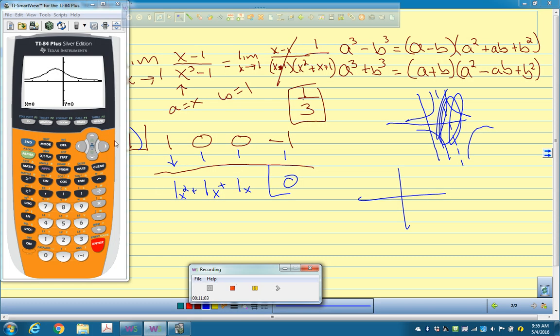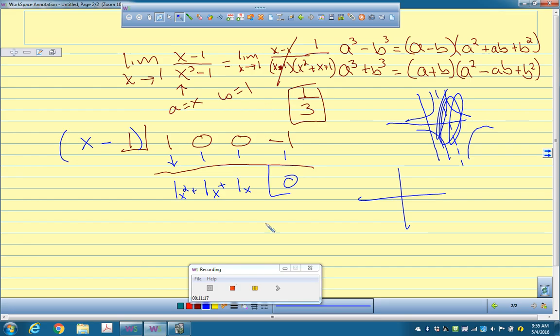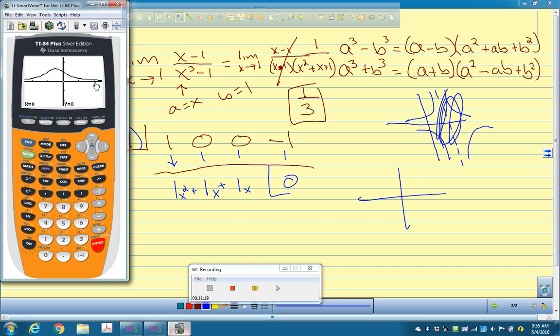Okay, so this graph basically looks like that, because this is the graph of 1 over x squared plus x plus 1. It looks exactly like that, except right here at 1 comma 1/3, I have a hole, okay? That's basically what's going on.